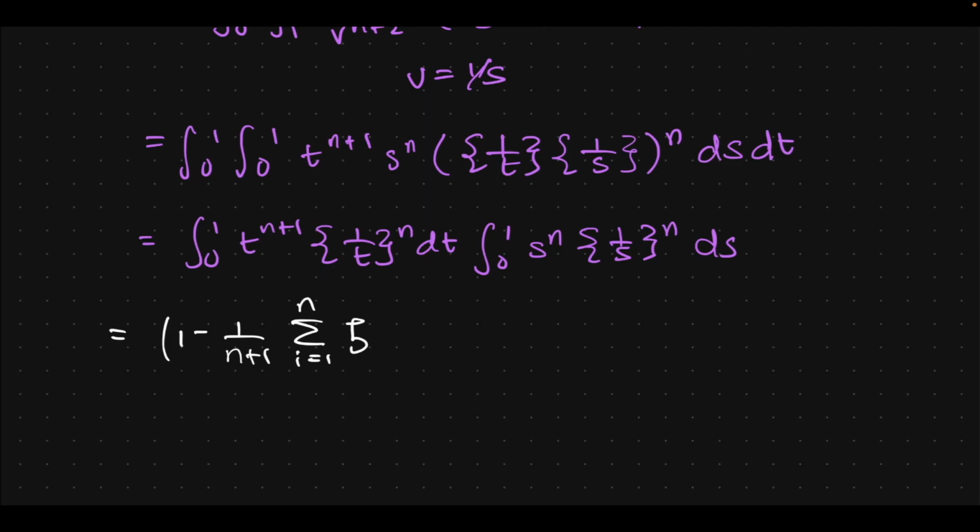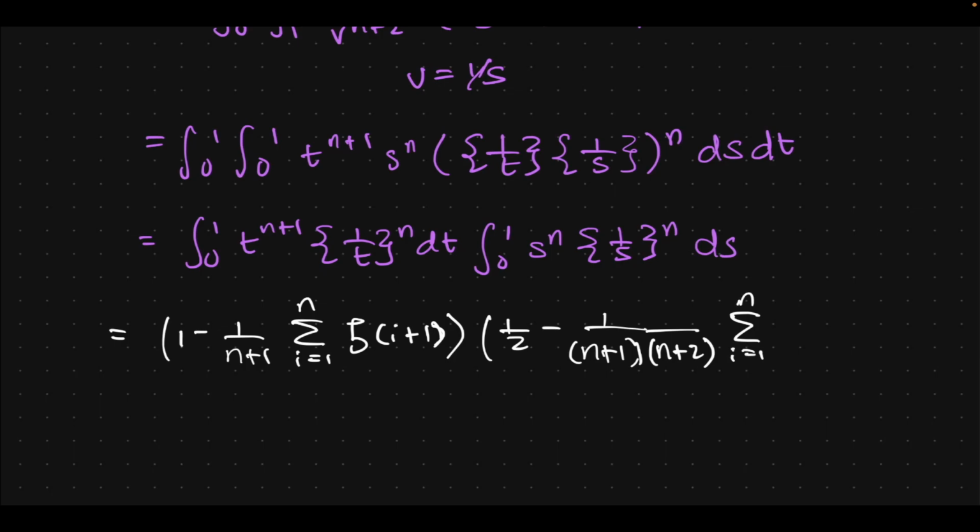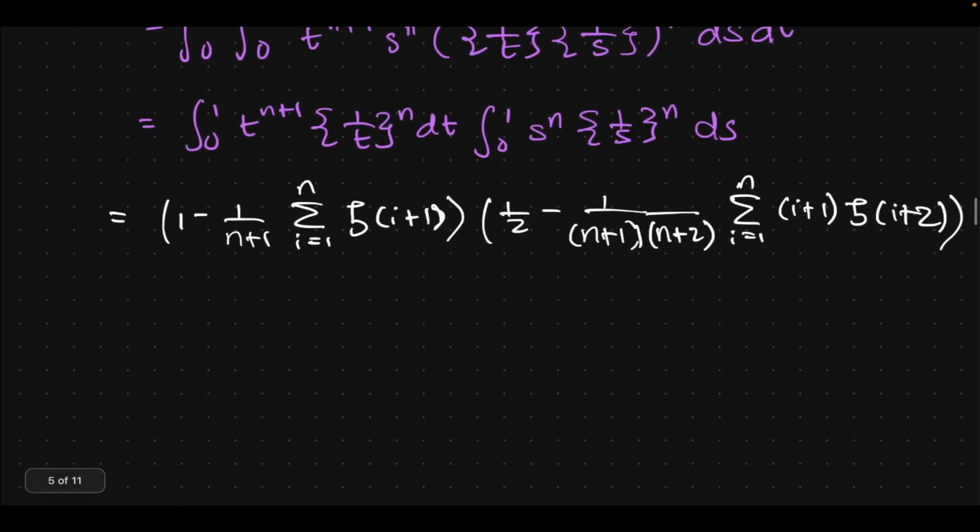So we have a zeta of I plus 1, and then 1/2 minus 1 over n plus 1, n plus 2, I plus 1, zeta of I plus 2. That's it. We're done with I3.